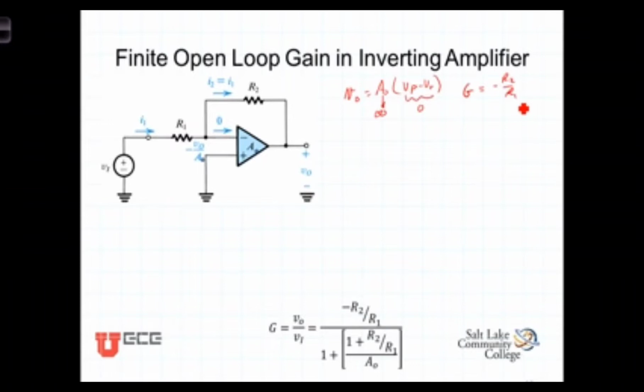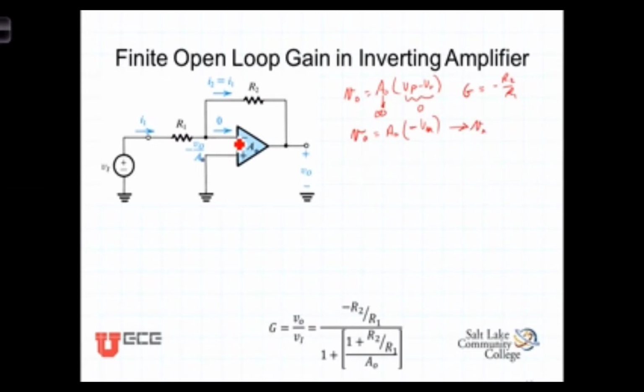In other words, V out will in fact equal A naught times (Vp minus Vn), but Vp is grounded, so V out is going to equal A naught times (0 minus Vn), so we'll just have a minus Vn. Or we can then solve for Vn.